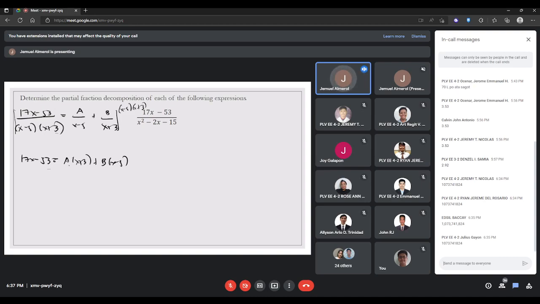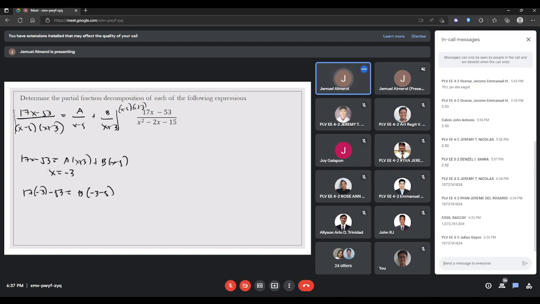Now, since this is distinct, gamitan na lang muna natin ng when x is equal to yung dalawang roots na given. Start with x equal to negative 3. So we have 17 times negative 3 minus 53 equal to, kung sino yung may x plus 3, magsisiro yan. Negative 3 minus 5.